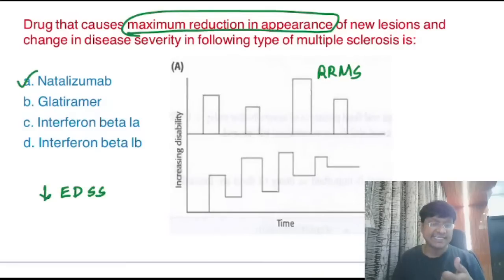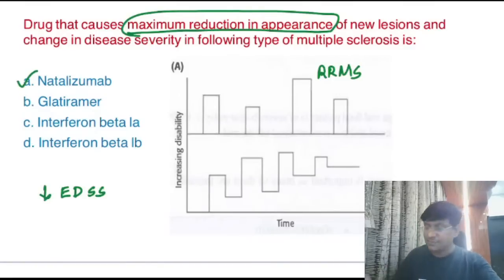Very good, it is the JC virus antibody. So this natalizumab is associated with the development of progressive multifocal leukoencephalopathy in around 1 to 2 percent of patients, right? So natalizumab is currently recommended for JC antibody negative patients only.